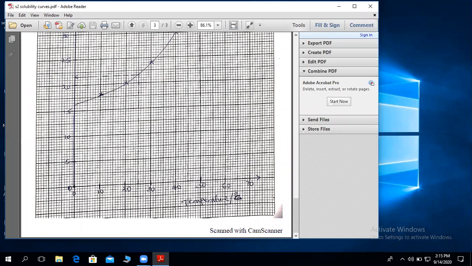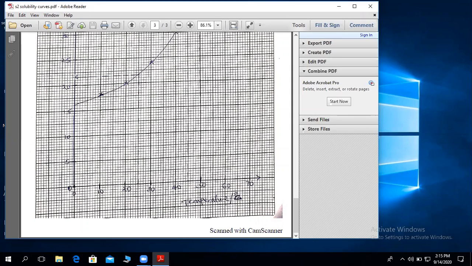I can even follow that dotted line because that's the reason for using a graph paper, until I meet the graph. Then when I meet the graph, I will go to the solubility side now. From the graph, I go to the solubility side, as you can see, and I'm there.